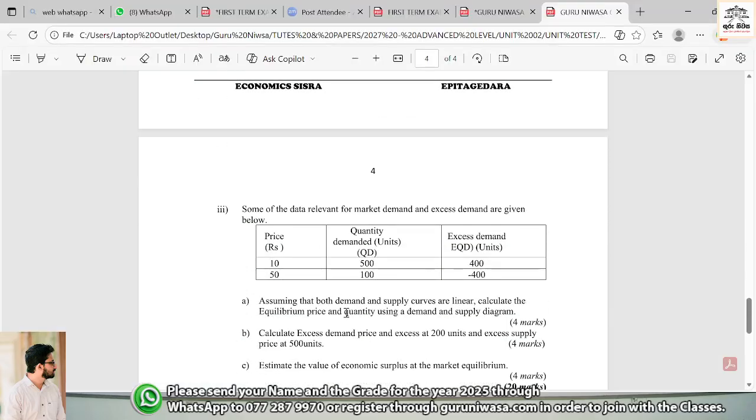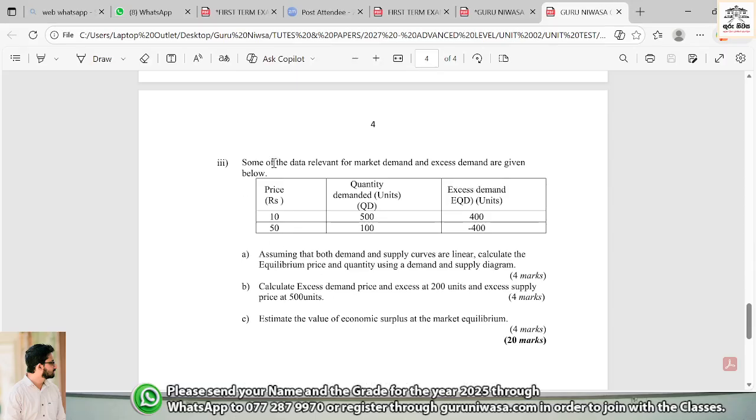4 marks. Some of the data relevant for market demand and excess demand is given. Assuming that both demand and supply curves are linear, calculate the equilibrium price and quantity using demand and supply diagrams. Demand supply diagram.